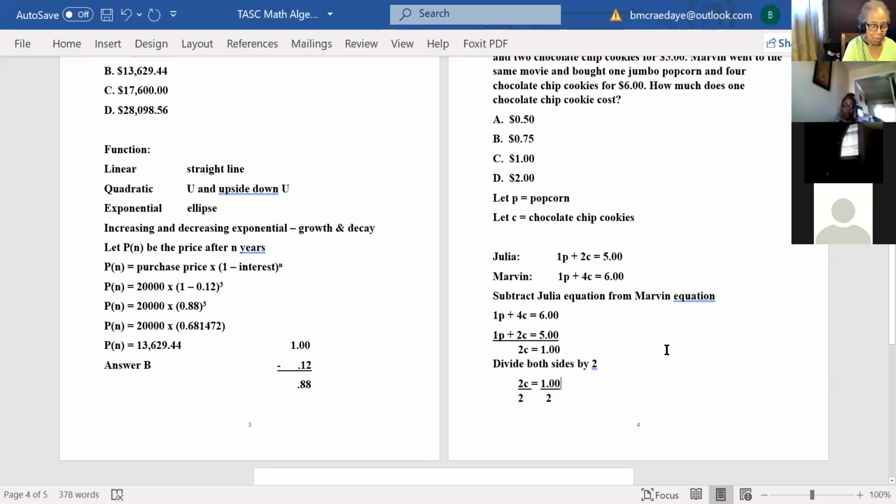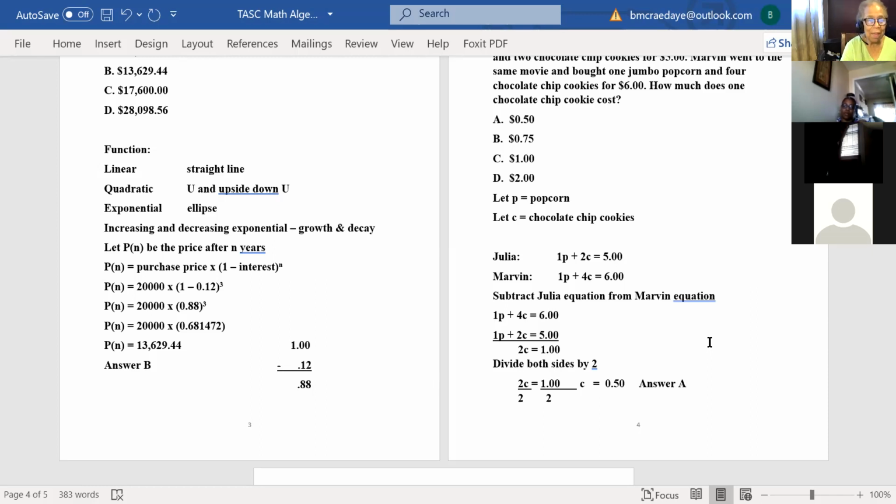So we get C equal 0.50. What answer is that? C is 50 cents, and that would be answer A. Half of $1 is 50 cents.